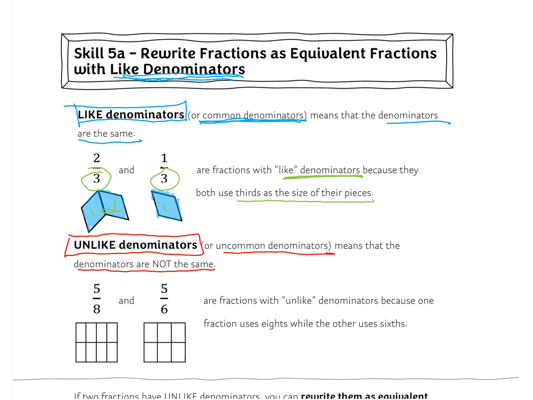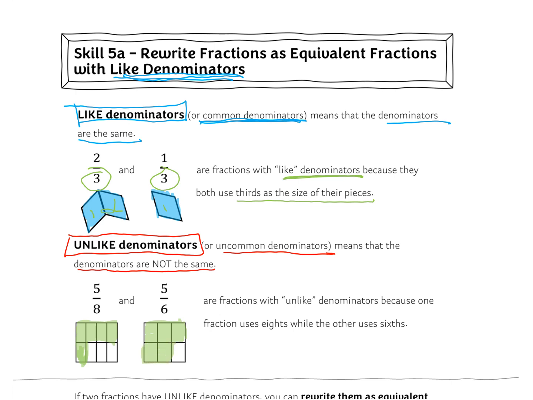These ones are not built with pattern blocks. These ones are built with just drawing the whole and partitioning it or cutting it up. The first one is cut into eighths, so I can color in 5 of those eighths. The second one is built with sixths, so I'm going to color in 5 of those sixths to show these two different fractions.